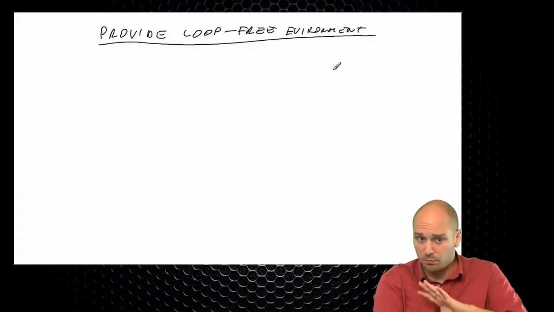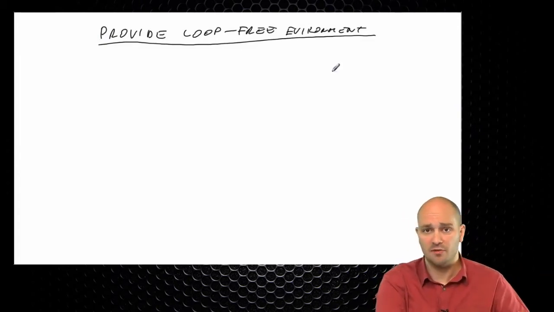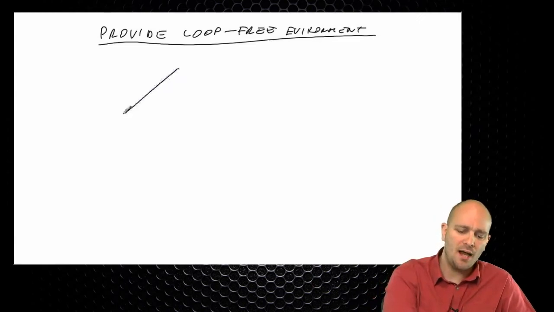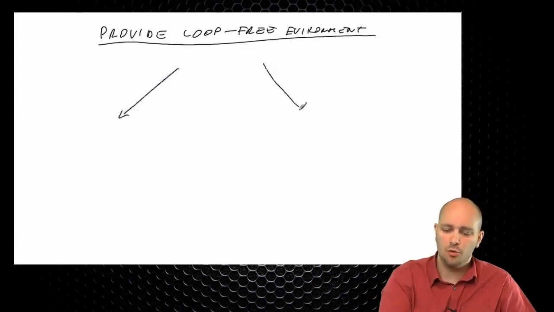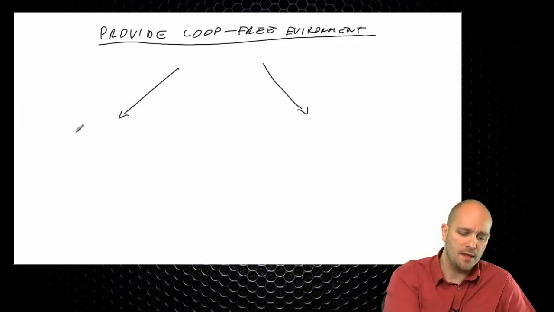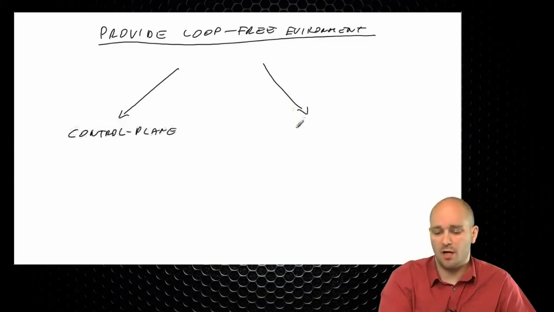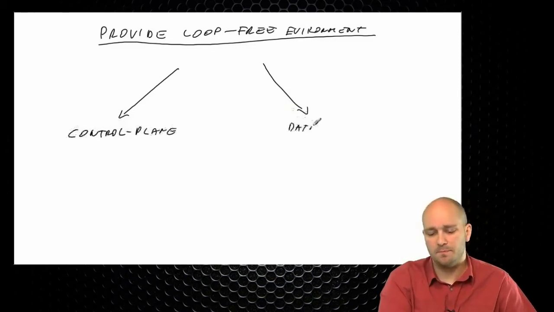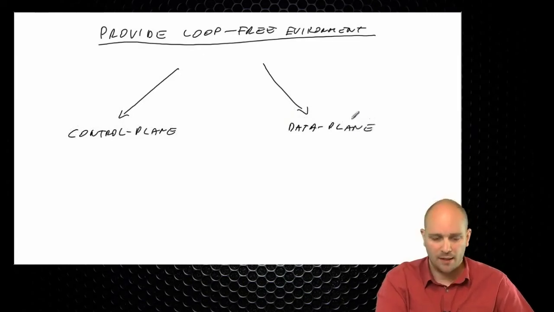Now, there are multiple different kinds of loops, and people call them by different names. So I like to divide loops into really two categories. One is control plane loops, and the other is data plane loops. Now, let me explain what I mean by that.